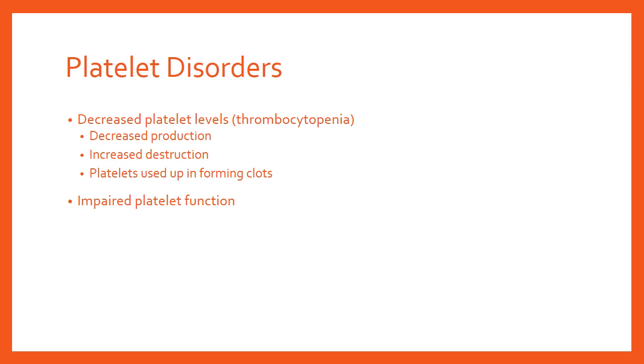Decreased production, increased destruction, and you just have too many clots forming at the same time, so we just can't provide enough platelets, even if our production is normal. Also, you can have a normal platelet production number, but they are having impaired platelet function. They're not functioning normally.